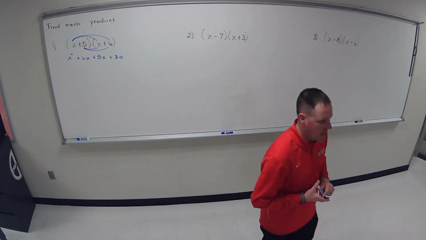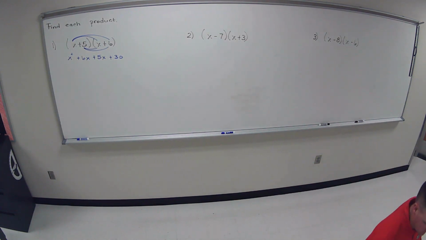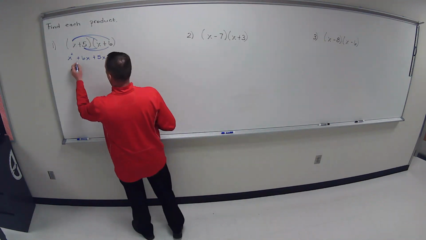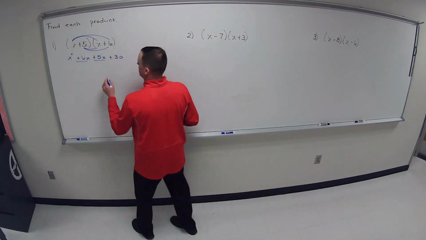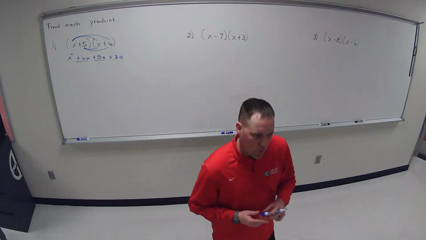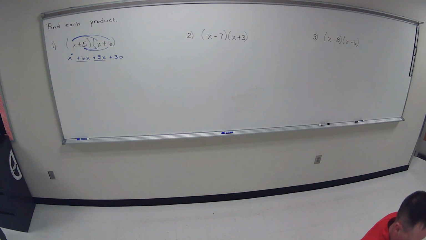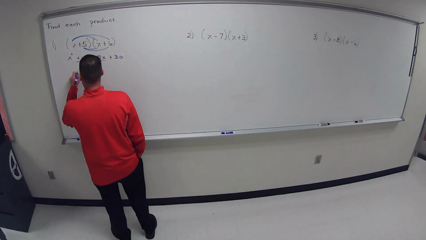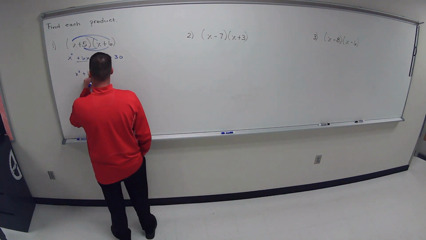Now, it's not our final answer because what do we still need to do? You need to combine your like terms. Our like terms here would be our positive 6x and our positive 5x. Now, remember, when we multiply, we change exponents, but when we add and subtract, we don't. So when we rewrite this into standard form, we're going to have x squared plus 11x plus 30.